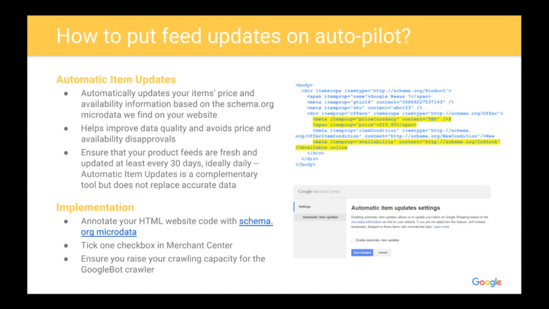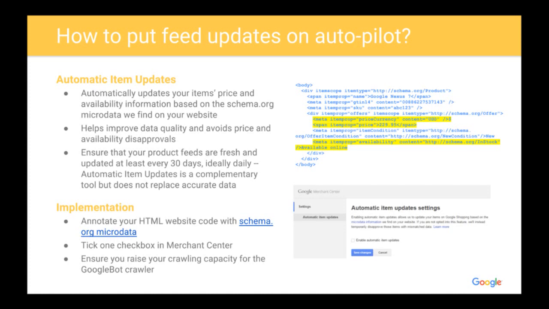You can actually upload your feed updates on autopilot with automatic item updates. Since the product page should be the source of truth for the most accurate price and product information, automatic item updates is a product that we released to best match your product information to the landing page if there is any change to price and availability.